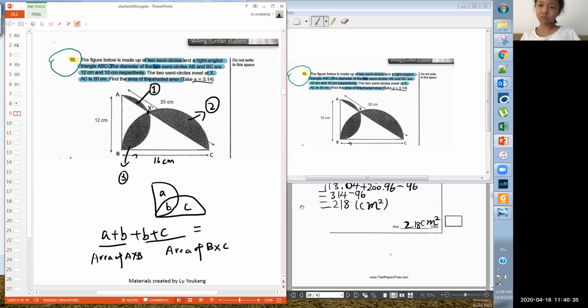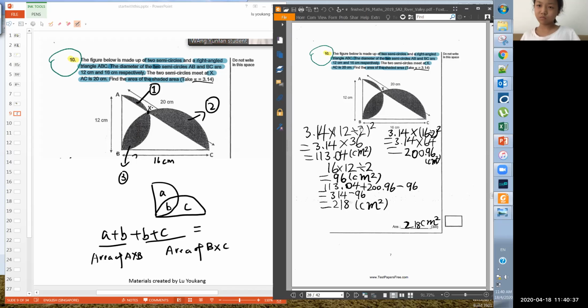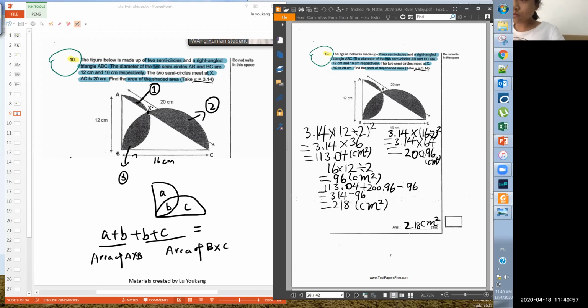Do you get your answer already? This is 113.04. This will be 200.96. Then you should, okay, have me add these two up first. So it's 113.04 plus 200.96. Let me add these two up first. It's 314, right? Is it? Yes. Okay, so that means you have 314.